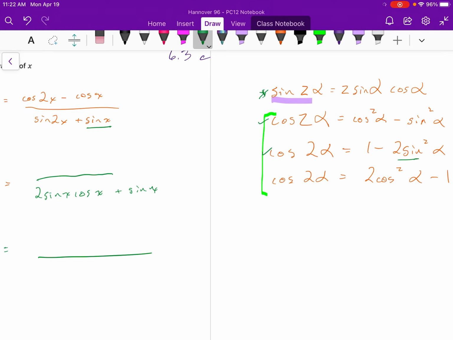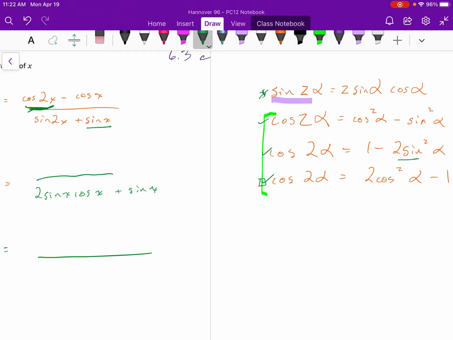So if I substitute cosine 2x with 1 minus 2 sine squared x, I don't think that's going to get me farther ahead. However, I think this one is going to be a candidate simply because it only has cosine and 1 in there. So I'm just thinking, what could possibly happen? Maybe I have an expression with just cosine in the numerator.